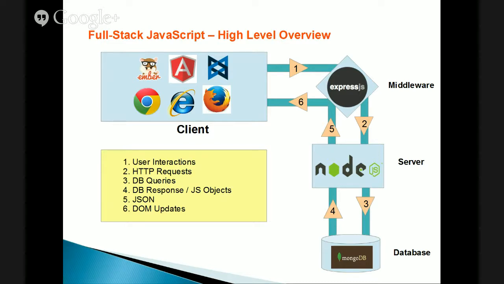It communicates with Express.js, a middleware for handling your server routes, application routes, and other middleware things. Then Node.js is the core server. It is what actually handles the HTTP calls and all. Finally, as a web application has a database as well, you can use any database. For example, I have put MongoDB here, but you can also use CouchDB.